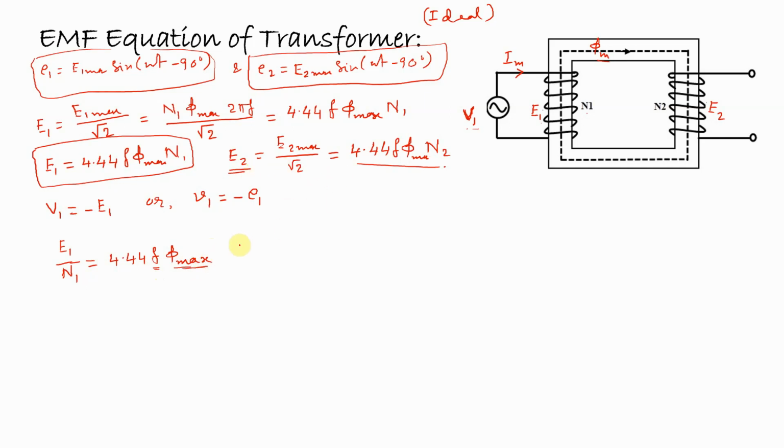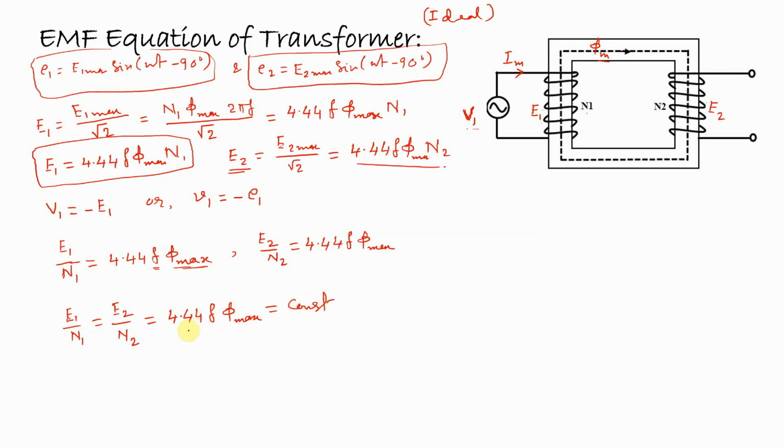Similarly, from the secondary side, if we write E2 by N2, we will get the same value 4.44 f into phi max. So we can write E1 by N1 is equal to E2 by N2, and it is 4.44 f into phi max, and it is a constant value.